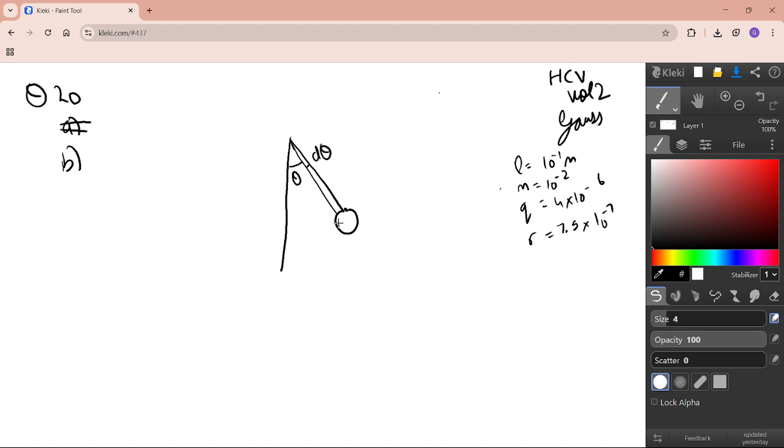Slightly displaced, find the time period. Now in these kind of questions, you basically know you have a horizontal force, and due to this horizontal force, there is no change in the time period of this pendulum for small oscillations.